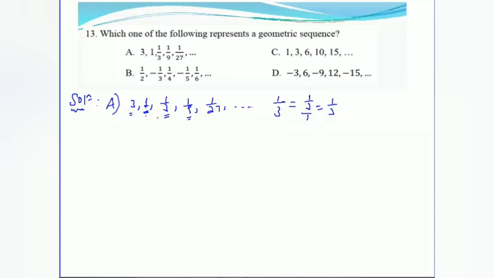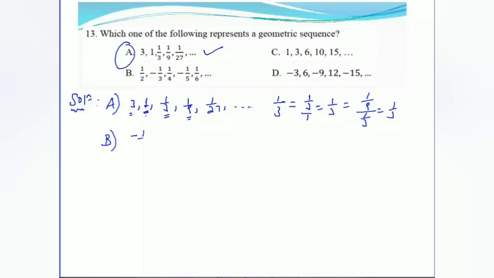The fourth term over the third term is 1 over 9 over 1 over 3. This is also again 1 over 3. So definitely this is a geometric sequence because the ratio between consecutive terms is constant. So the answer is A. You can verify that for case B.